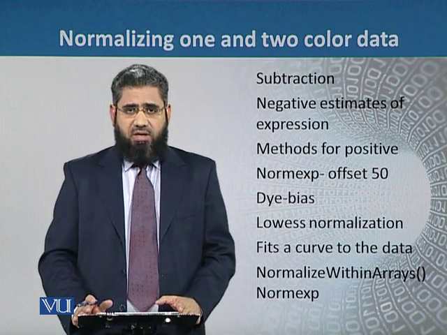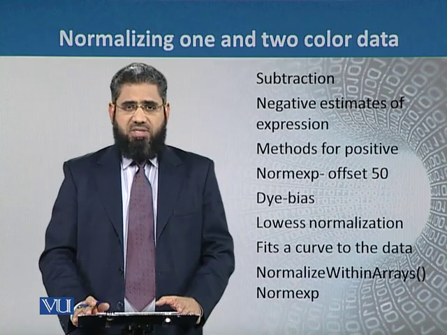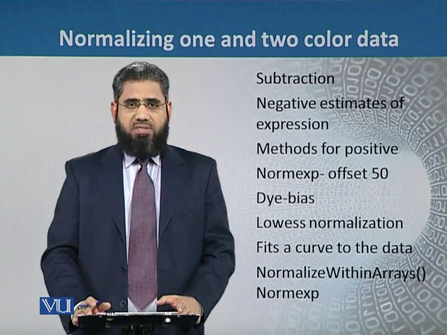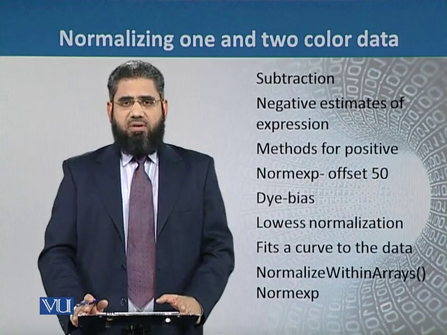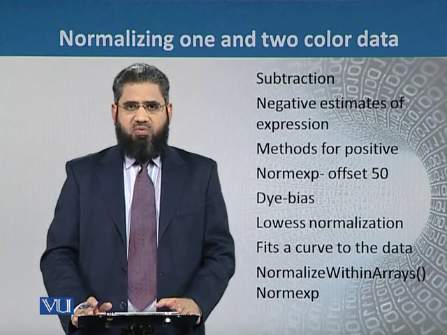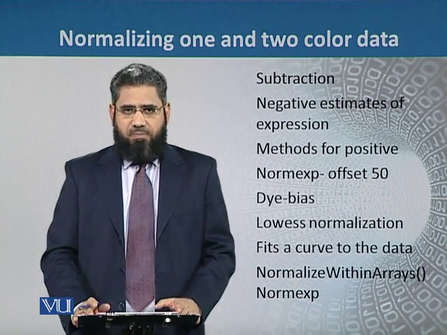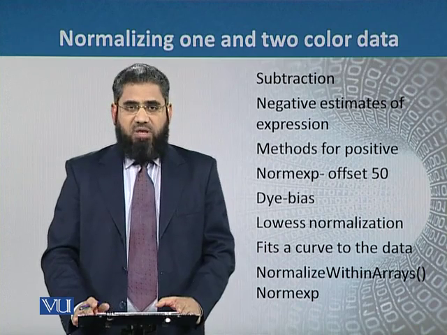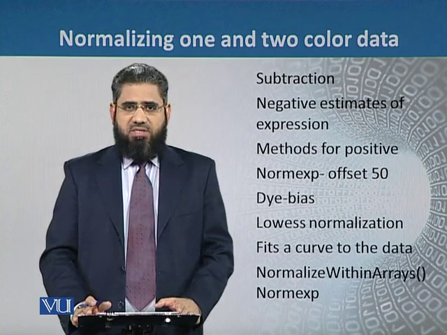And the second problem we face in the 2 color Agilent data is that of the dye bias, because we use 2 different dyes of different colors. One is red and the other is green, but the weight of both of these dyes is different.